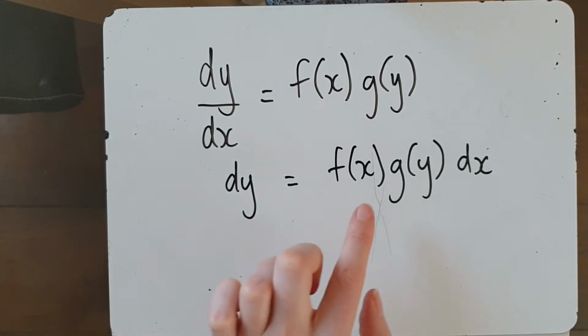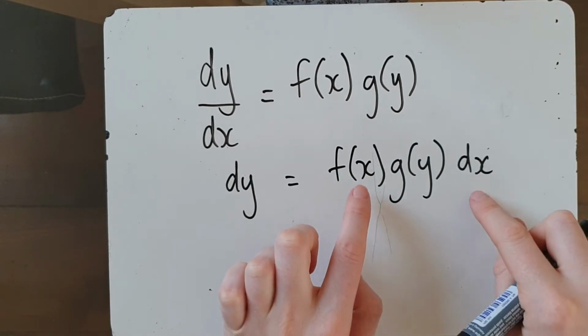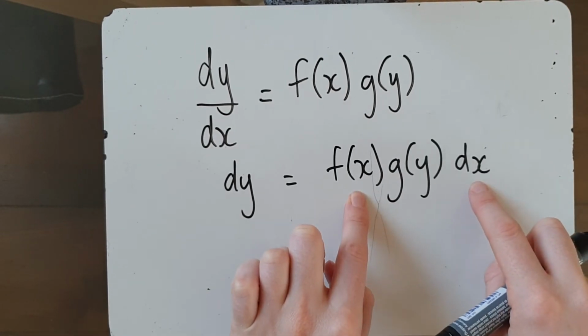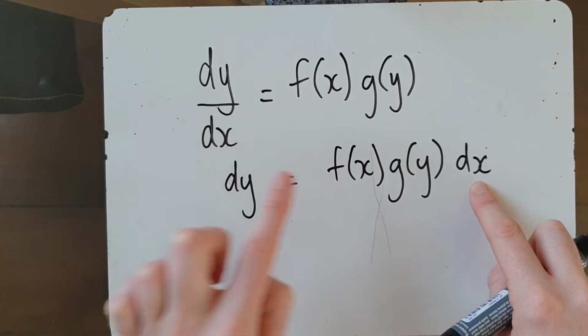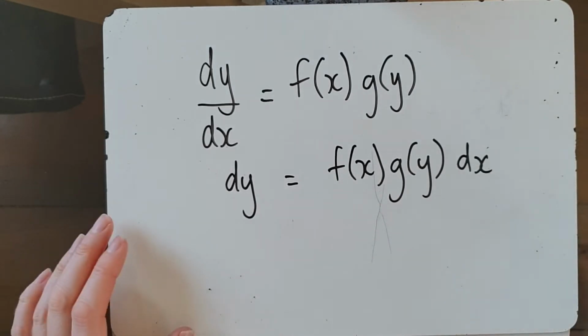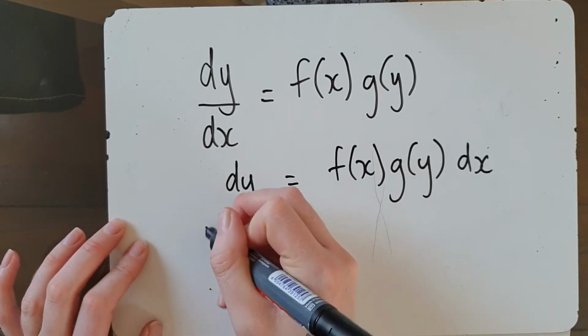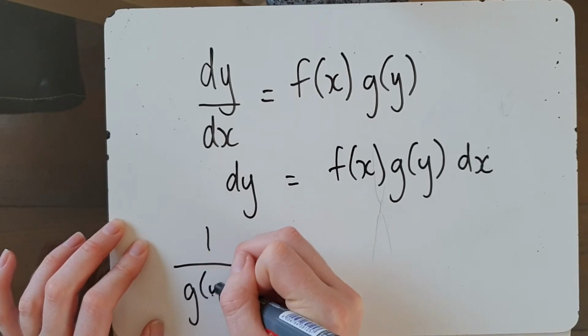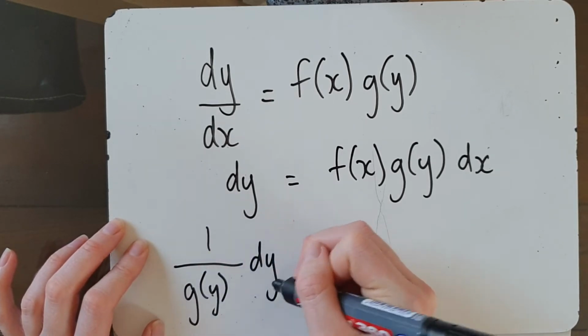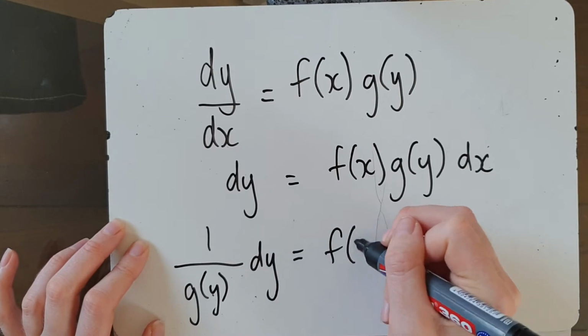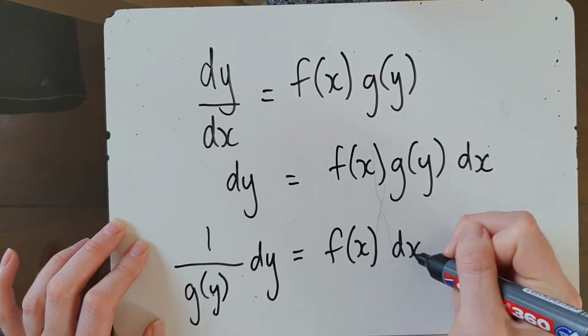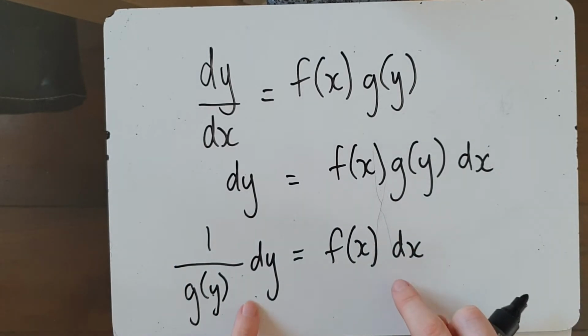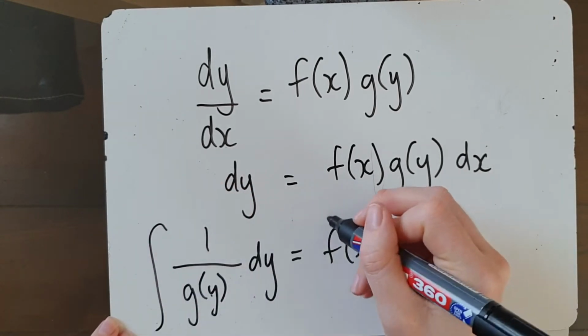And then I want to get everything with x on one side, which I have, and I want to get everything with y on one side. So I'm going to divide by g of y. So this is what I'd end up with, and this is what I would then integrate.